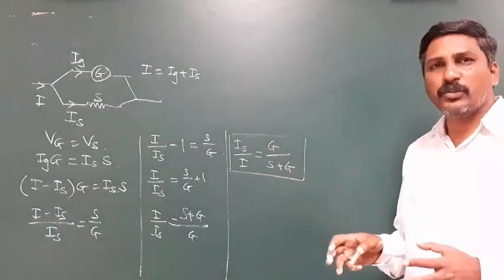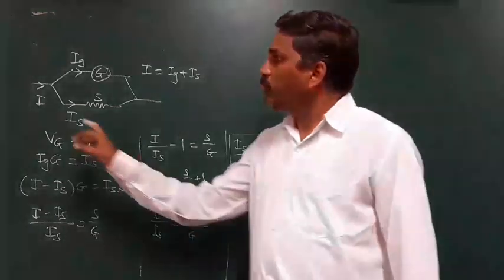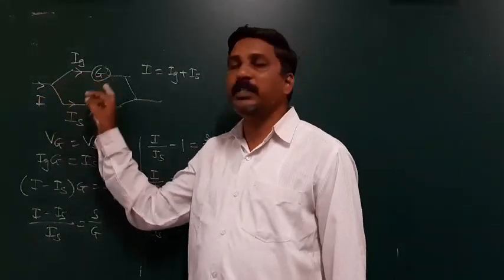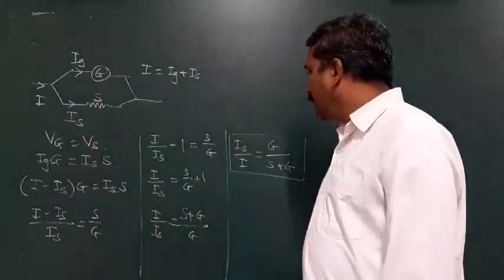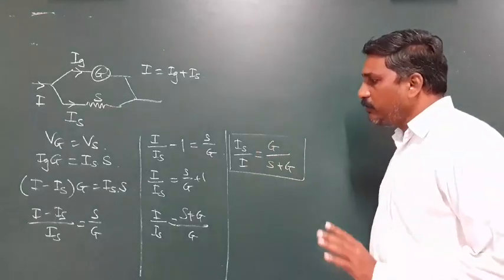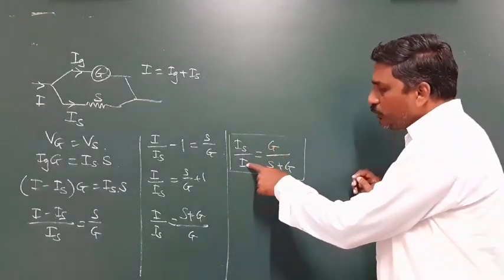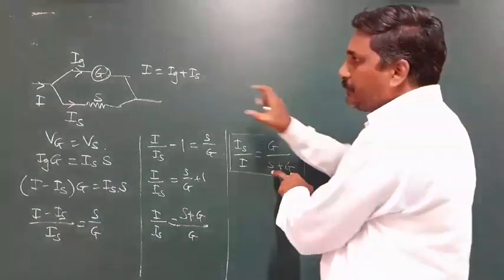How much fraction of current is passing through the galvanometer? The fraction is of the total current, because the total current goes through the small quantity Ig in the galvanometer and the small quantity Is in the shunt. So the fraction of total current passing through the shunt means Is upon I. I is my total current, and S plus G is the total resistance of the circuit.